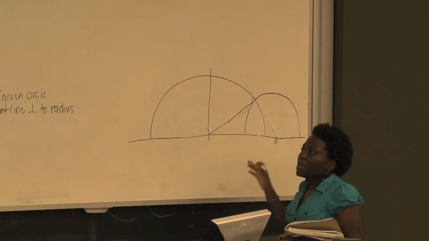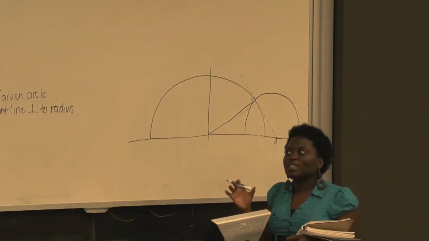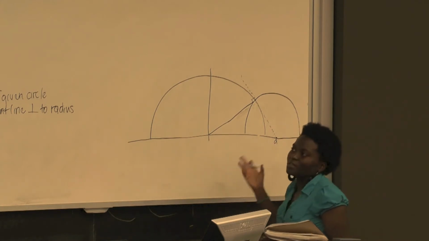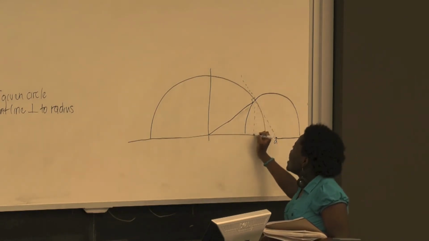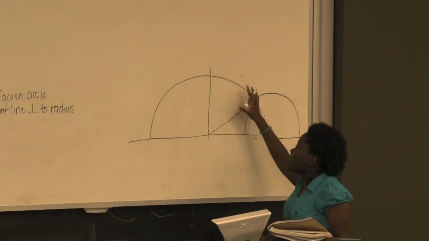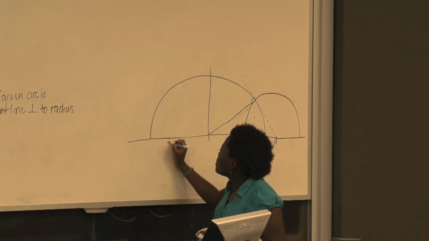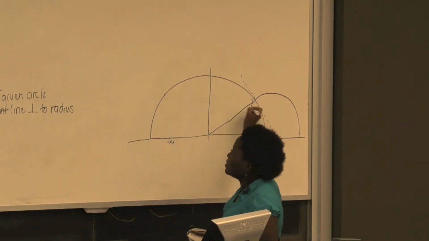The reason why I started with a circle centered at the origin is that I wanted to take advantage of the symmetry of circles so that I'd essentially do half the work. Given a point x naught here, you can find the slope here. Once you find the point negative x naught, the tangent line at that point will just be the negative of that.